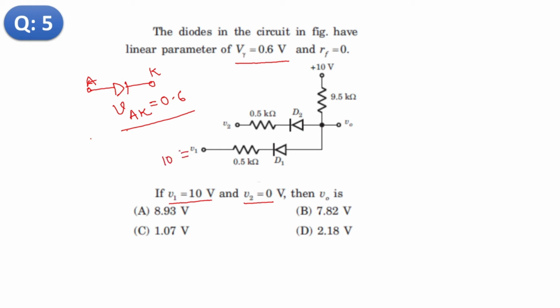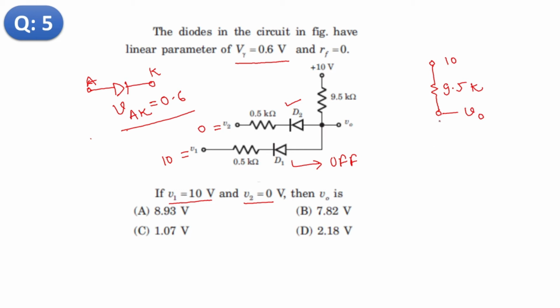V1 is 10 and V2 is 0, so D1 will be off, and D2 will conduct. So the equivalent circuit will be like this. We have 10 volt, then 9.5 kilo ohm, then this is the VO terminal.